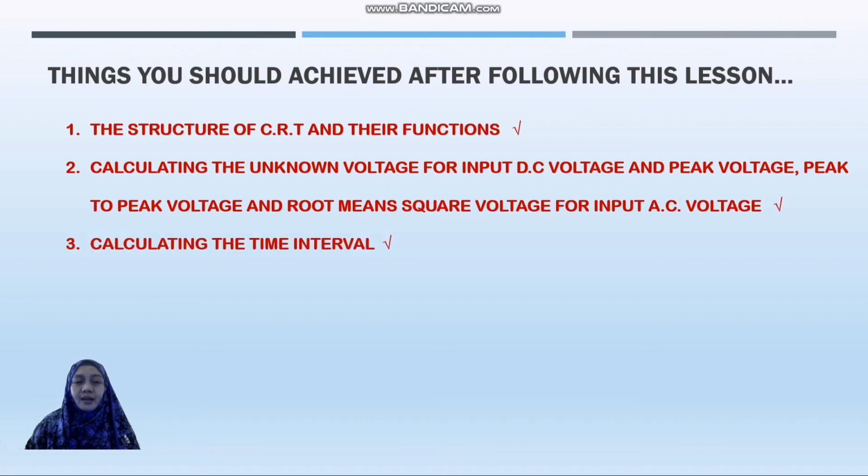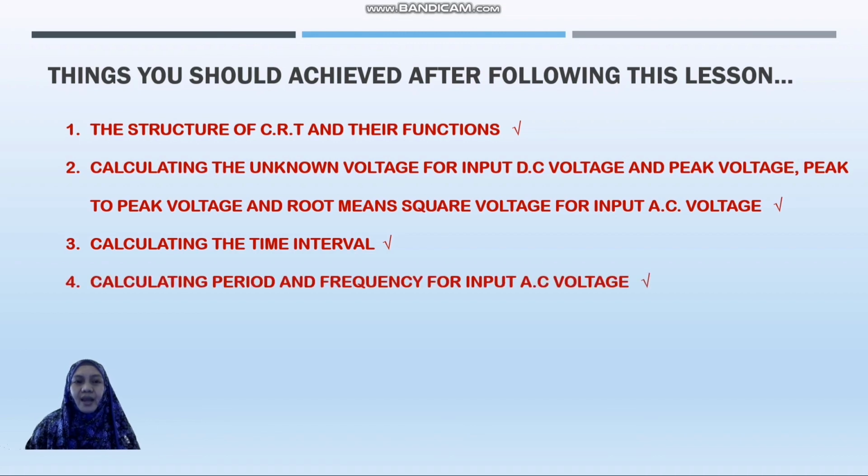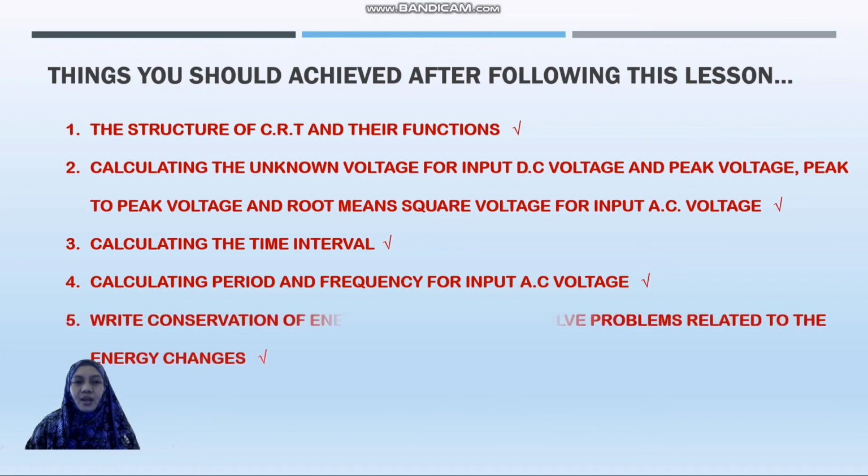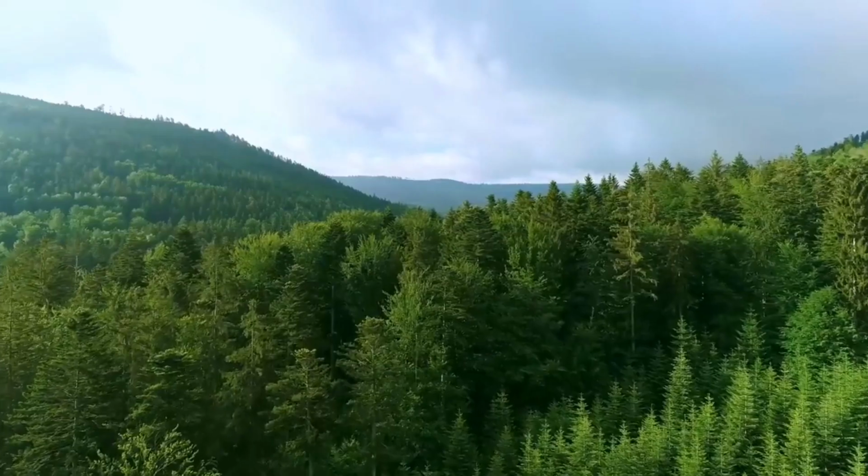Number 3, how to calculate the time interval. And number 4, how to find the period and frequency for an input AC voltage. And last but not least, how to write the conservation of energy in the cathode ray tube and to solve problems related to the energy changes.